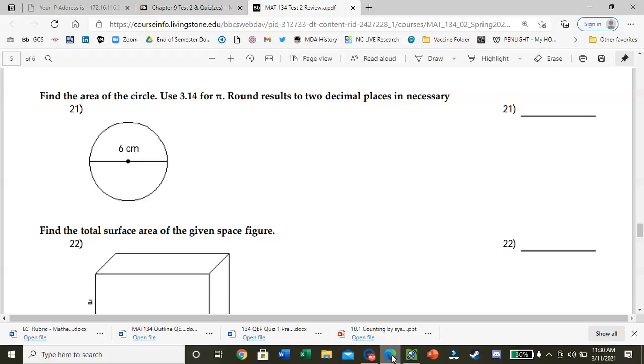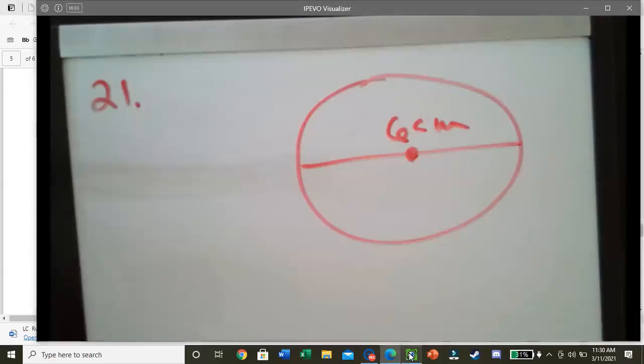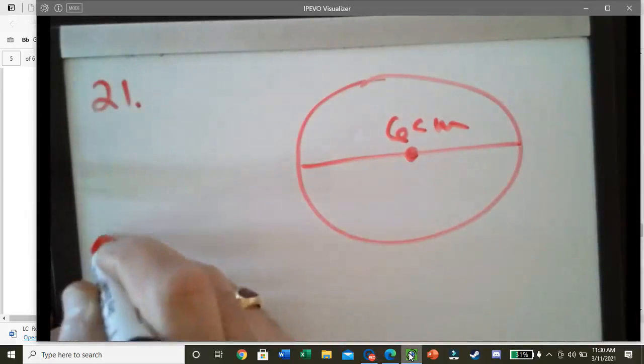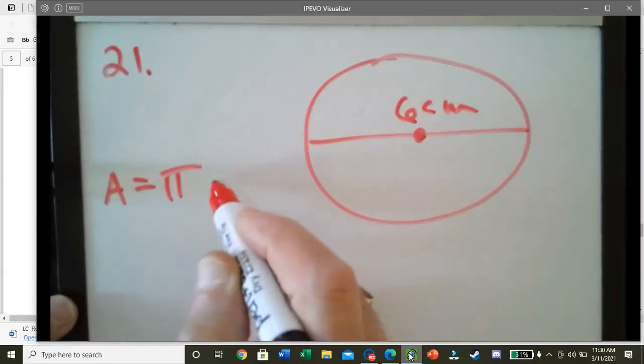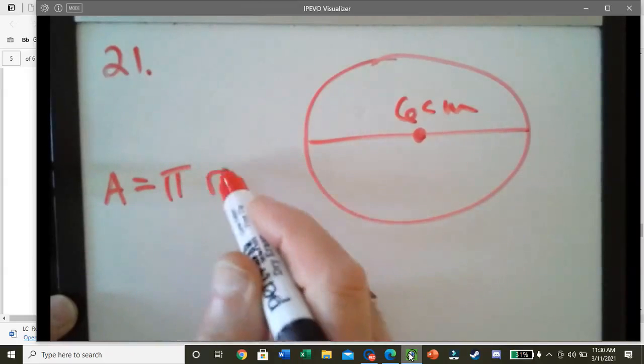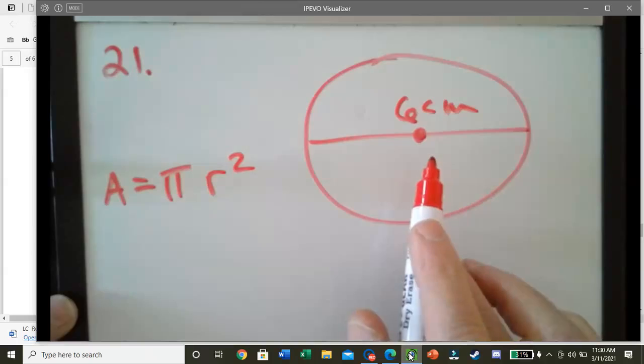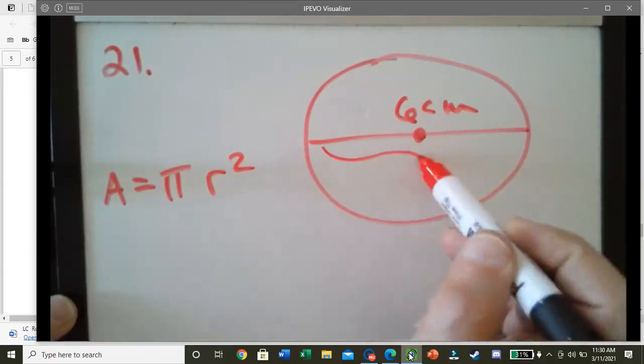But area of a circle is what? Area equals what? Pi times what? Radius squared. Well, we're given diameter, right? So we got a little bit of a problem here.